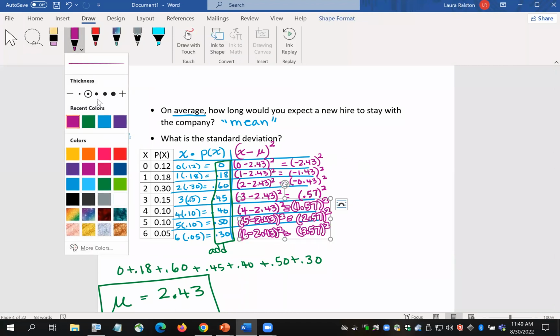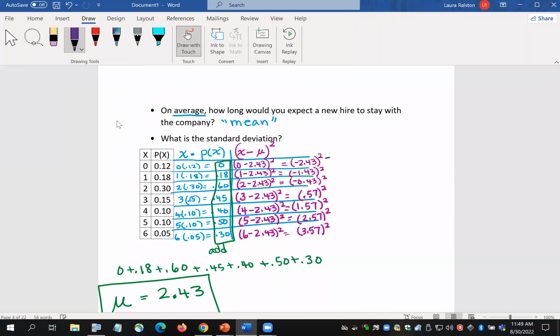Okay. So when we square this, I get 5.9049. Let me draw a line out here. This is taking way too long, but we'll get there.